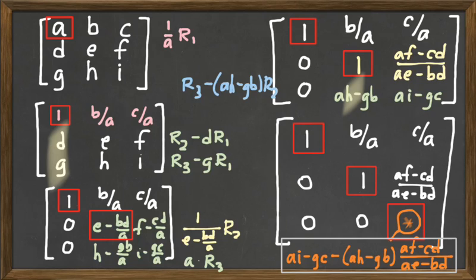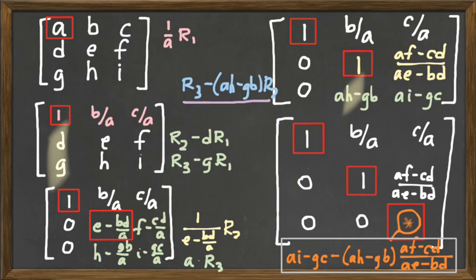So let's take them one at a time. Let's start with this row operation right here. Row 3 minus ah minus gb times row 2. What did that do to the determinant? What am I really doing here? What kind of row operation? Right.